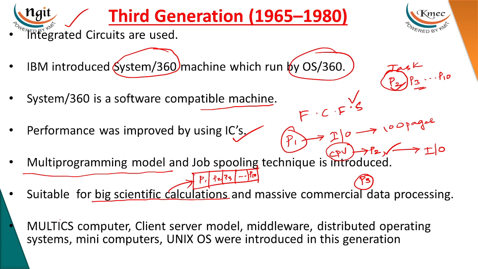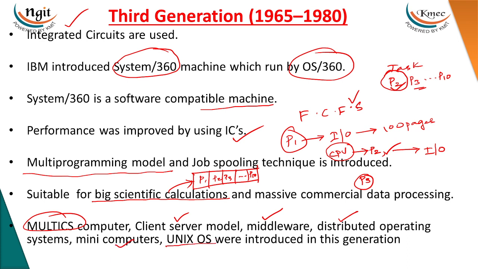So what are the different computer models that were used? The first third generation computer is Multics, and they introduced the client server model. They introduced software called middleware, and the operating systems used were called distributed operating systems, on minicomputers.